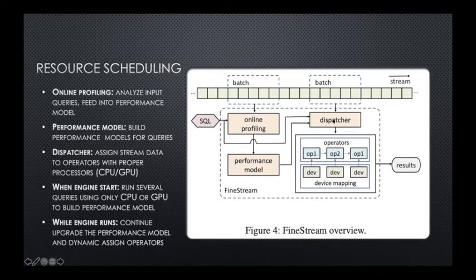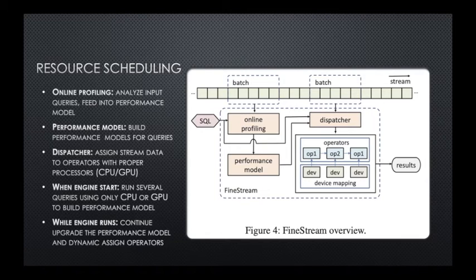The dispatcher model assigns stream data to operators with proper processors according to the performance model. And device mapping allows an operator to use one or several cores of the CPU or GPU device.